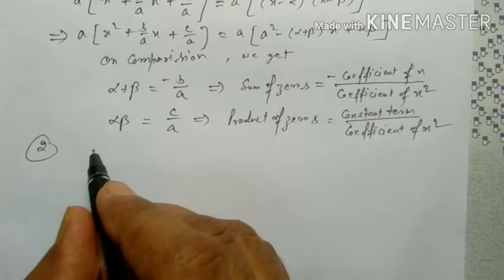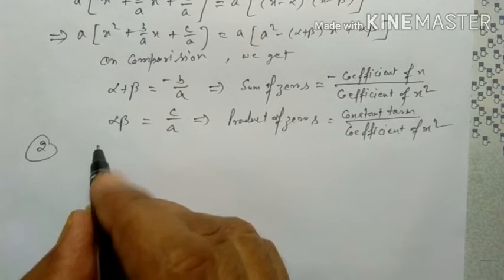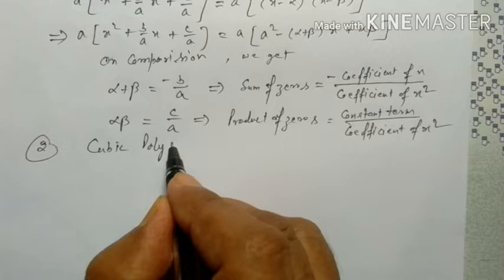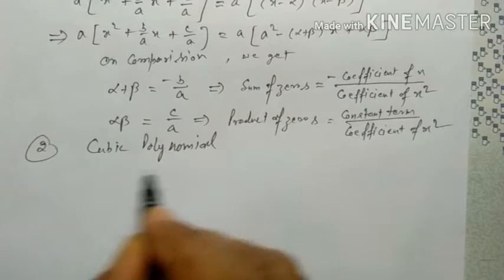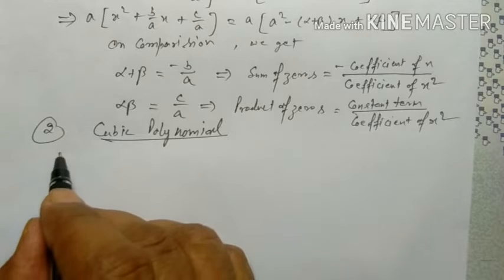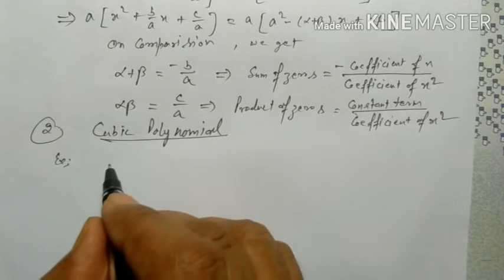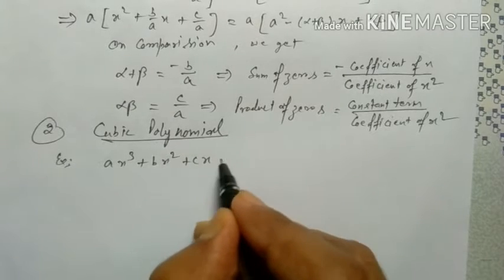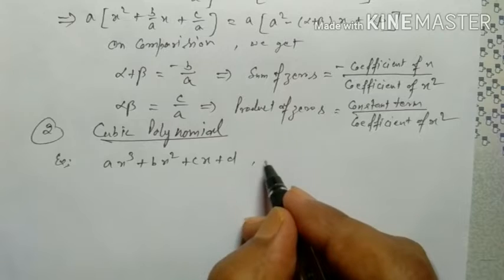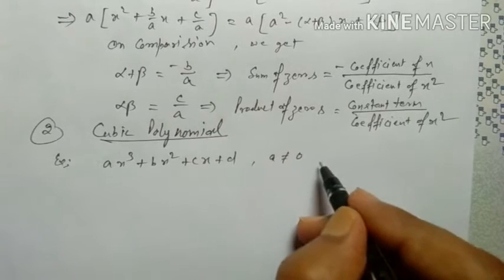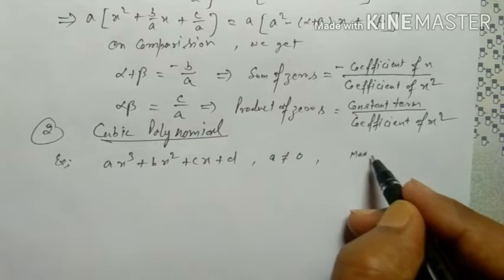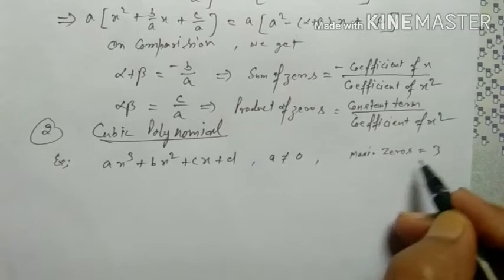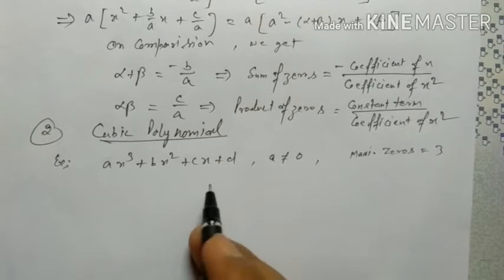Third is the cubic polynomial. The general form of a cubic polynomial is ax cube plus bx square plus cx plus d, where a is not equal to 0, and the maximum number of zeros equals 3, because the degree of this polynomial is 3.